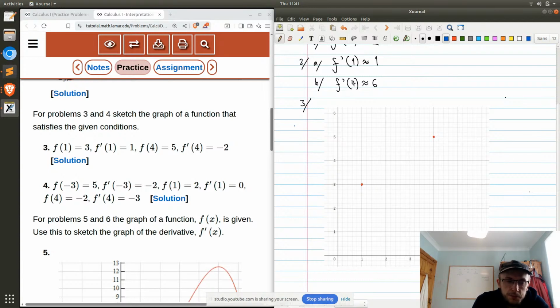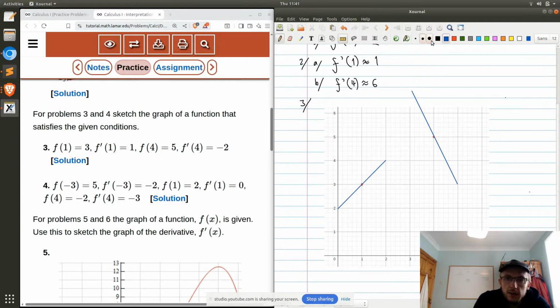And f prime of 1 is 1, so there's a sort of mini tangent to the function in the form of a line segment there. And f prime of 4 is -2. So there's a mini tangent of the function there.